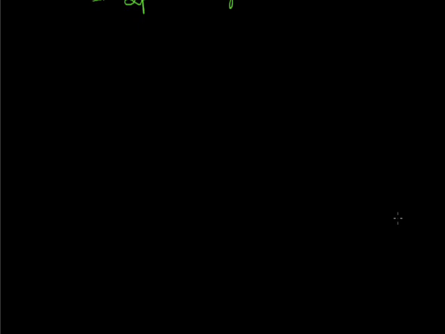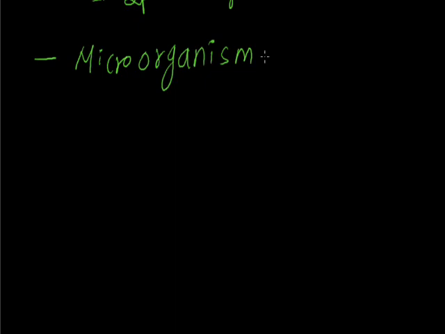Now we come to the types of organisms. Microorganisms are very small organisms, in the micron range, 10 to the power minus 6. This is called micron size.